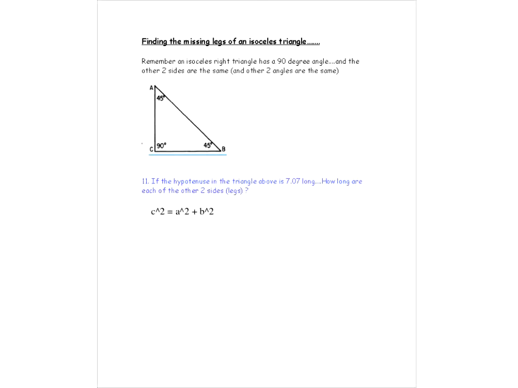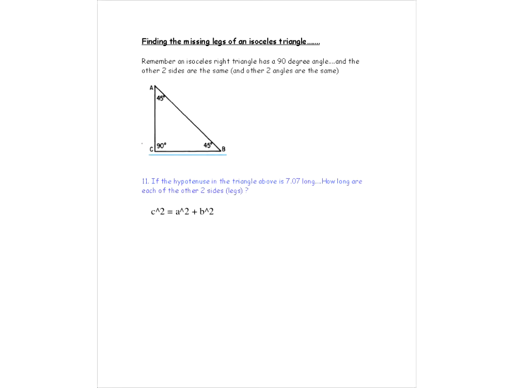Sorry about that, guys. Okay, so because both of the other two sides are the same amount, in other words, a and b are the same amount, we can call them both a squared or both b squared, because that's going to allow us to solve this problem.